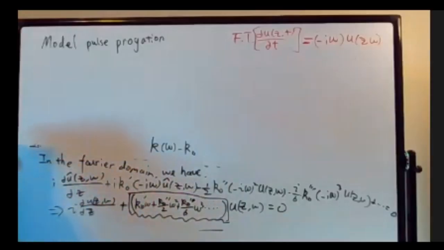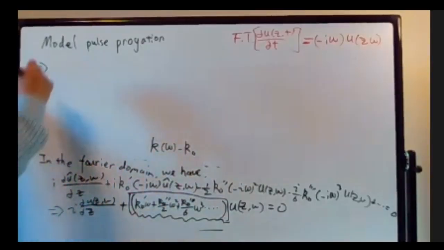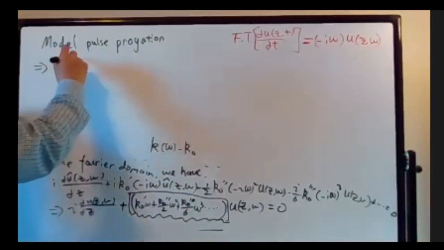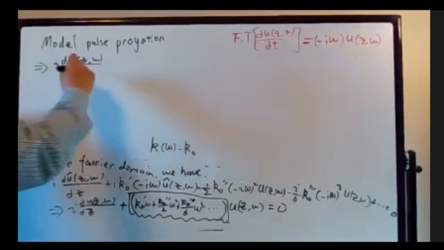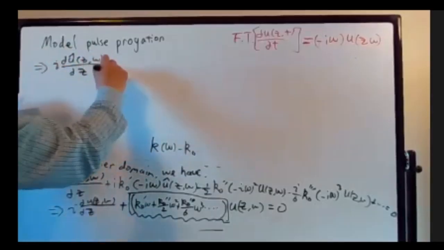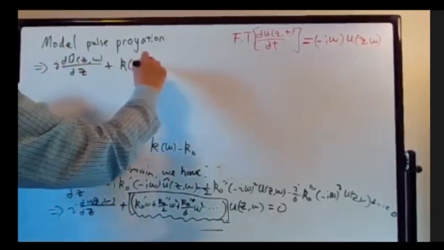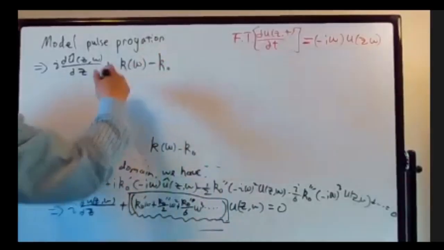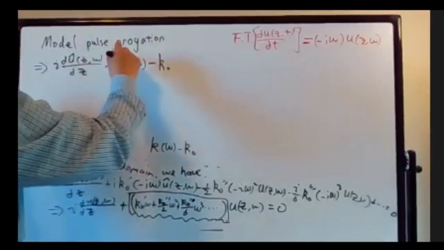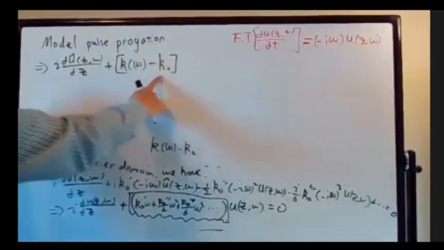So the equation in Fourier transform is I partial U hat z omega with respect to z plus K omega Taylor expansion at the zero frequency, right? But this is the carrier frequency actually.